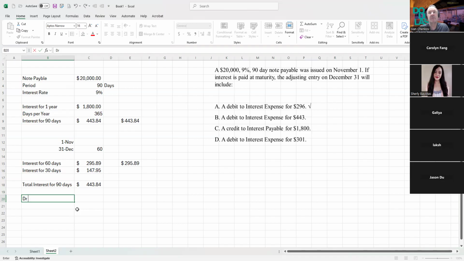In debit, I'm debiting interest expense. Which account should I credit? Interest payable.